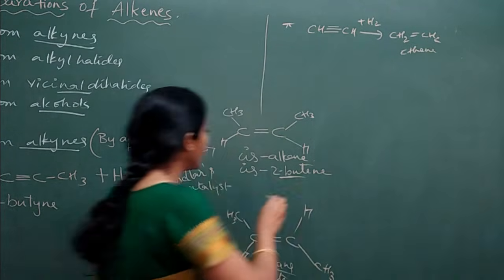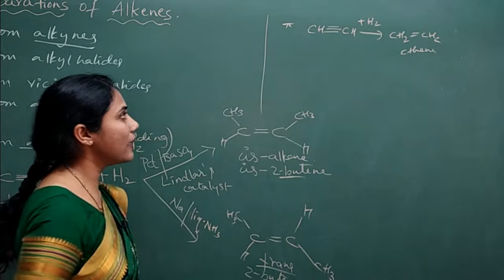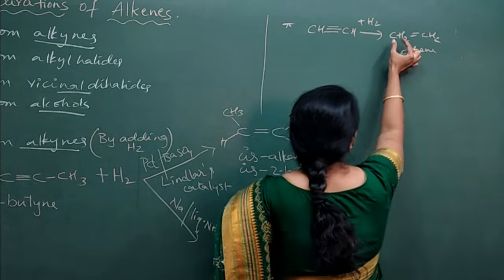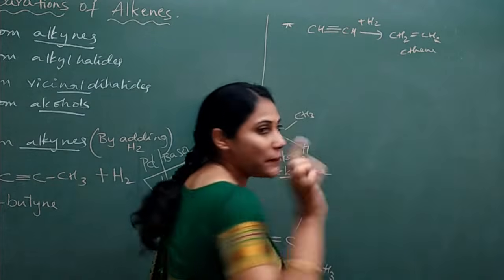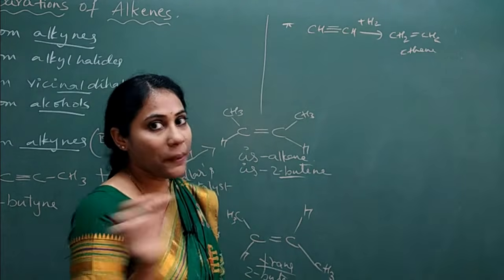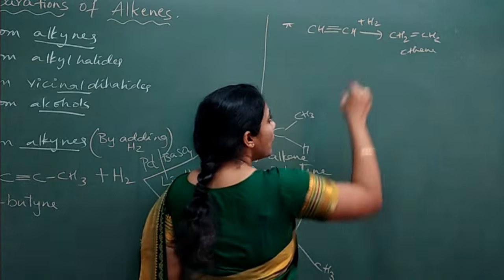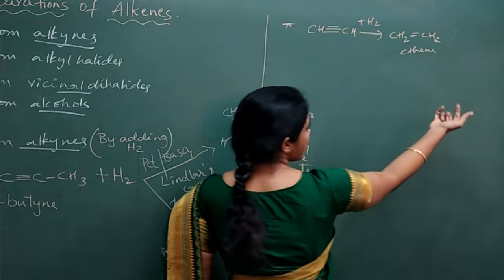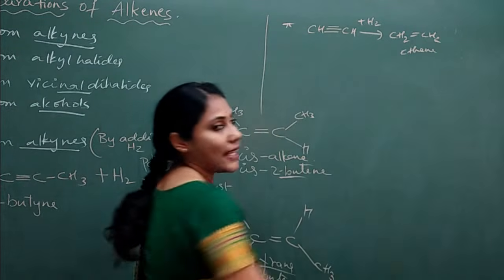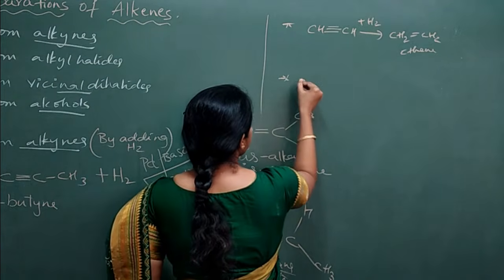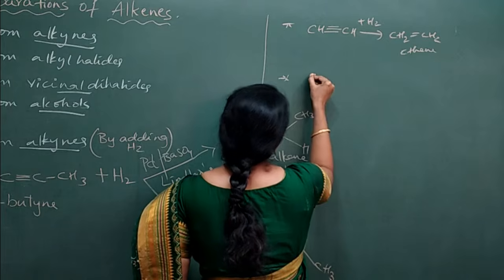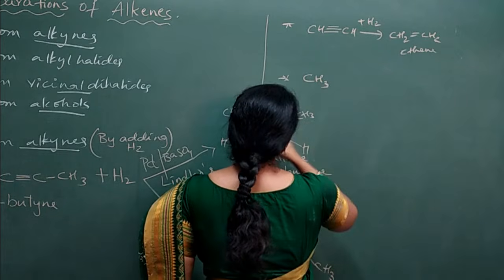To observe cis and trans isomers, at least the groups that are present on each carbon must be different. So you can't differentiate which is cis and which is trans here. You can't put cis and trans structures for that alkene, right? And another question, you have propyne. So propyne is what?